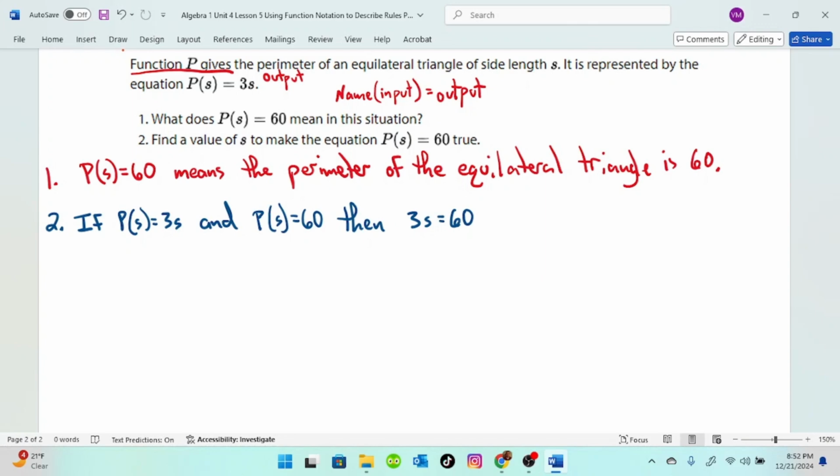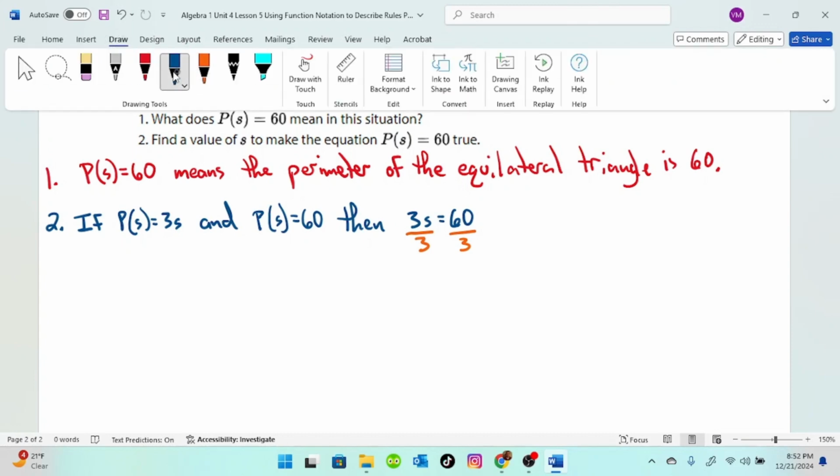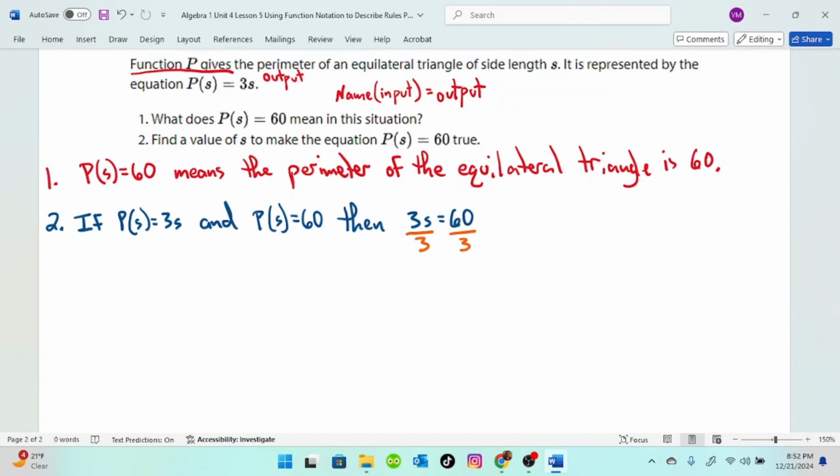I need to get rid of this 3. The opposite of 3 times s is division. So we're going to divide both sides by 3 to keep it equal. And we find out that s equals 20.